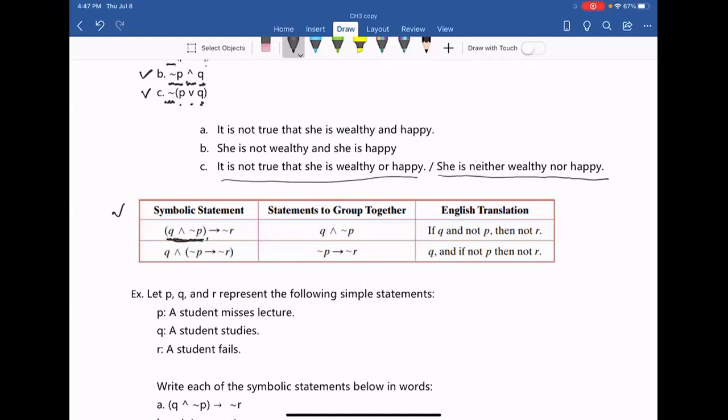What's in the parentheses is Q and not P. So when you express this, you will say if Q and not P, then not R. It already shows you here.